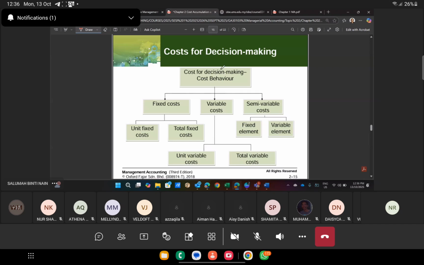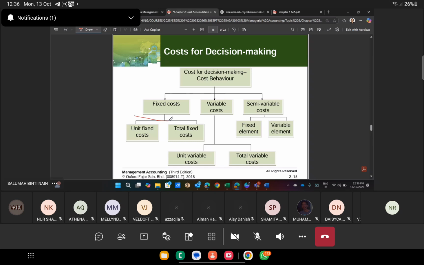Cost for decision making. Remember the purpose of cost classification. Number 2 is for decision making. So in this decision making, we are going to decide: are we going to produce this item, these products? Why?